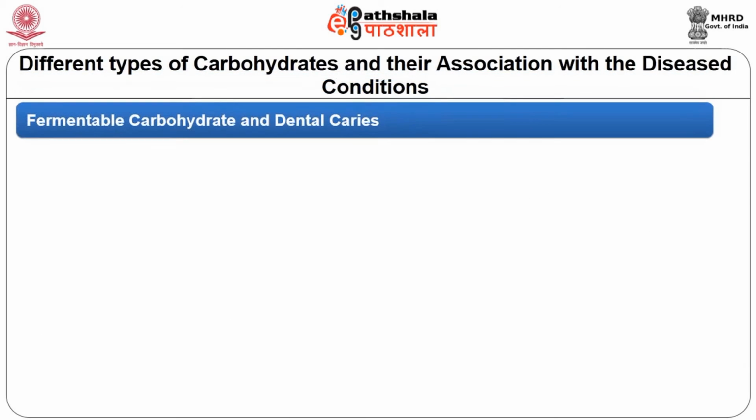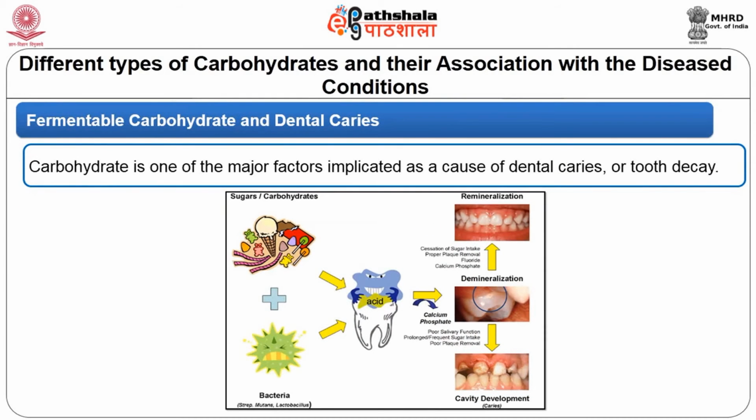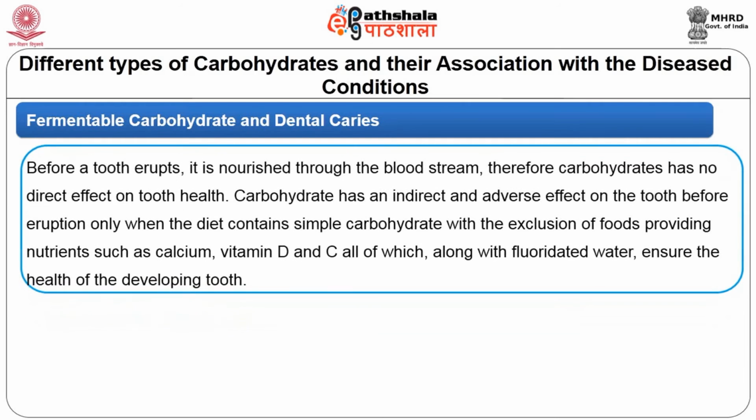Next one, fermentable carbohydrates and dental caries. Carbohydrate is one of the major factors implicated as a cause of dental caries or tooth decay. Before the tooth erupts, it is nourished through the blood stream. Therefore, carbohydrate has no direct effect on tooth health.